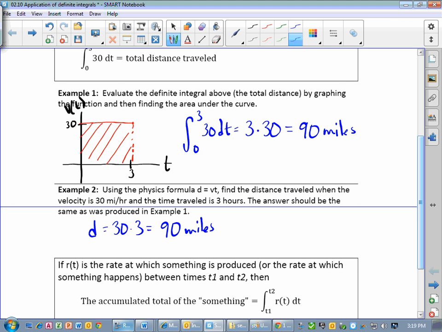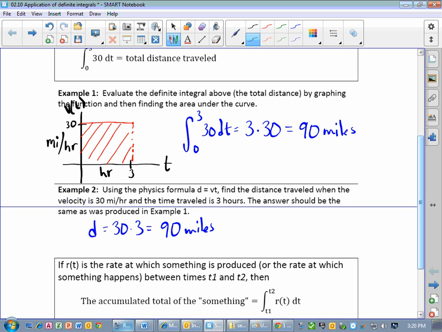What are the units on the velocity axis? Miles per hour. And what are the units on the time axis? Hours. So when we find the area of this rectangle, we're multiplying miles per hour by hours. And so what are the units left over? Miles.